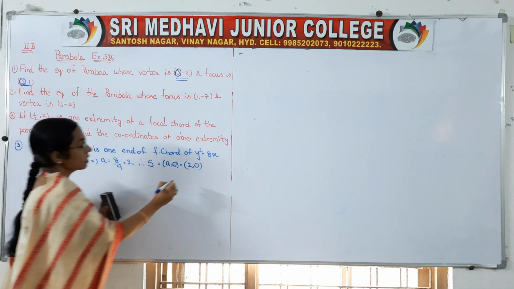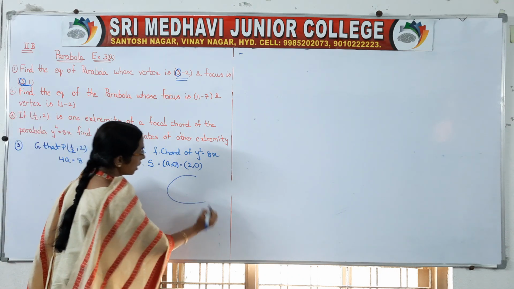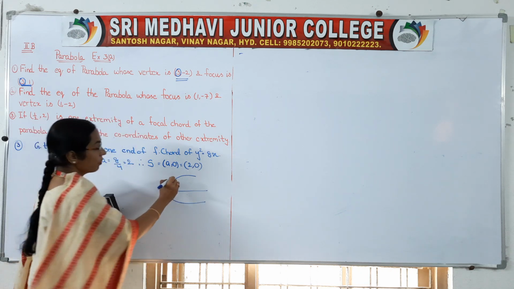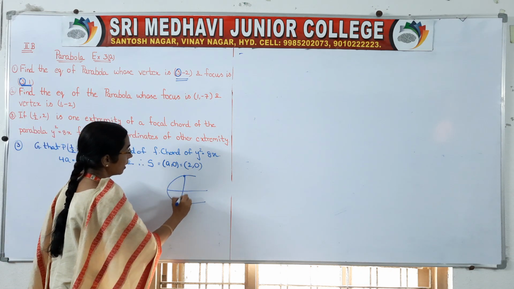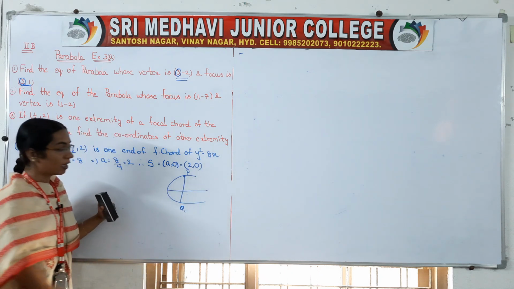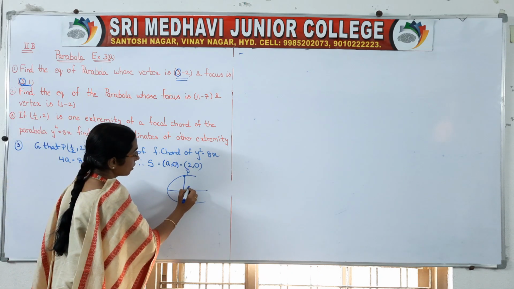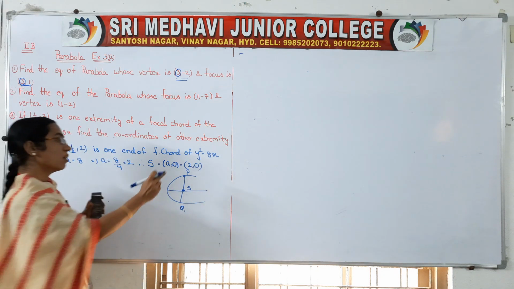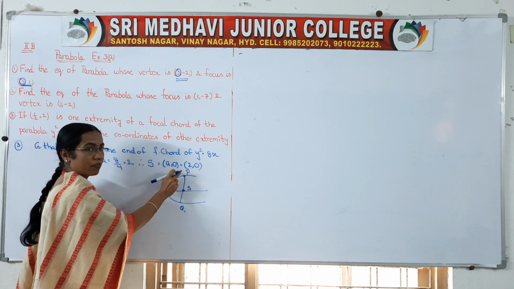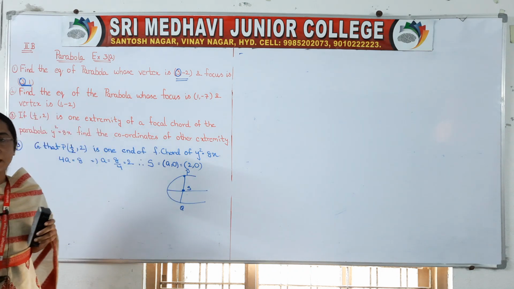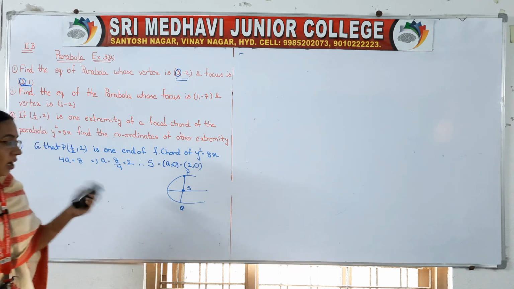So actually what is the given information to you? Suppose this is the parabola. So one chord is there, PQ is one chord and it passes through the focus. So they have given one point P, one end of the focal chord. You have to find the other end of the focal chord.